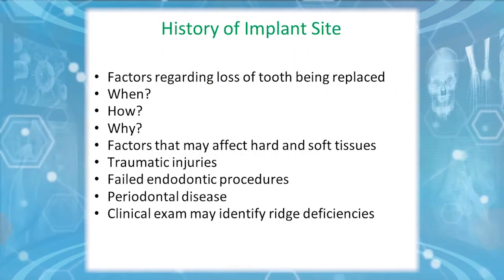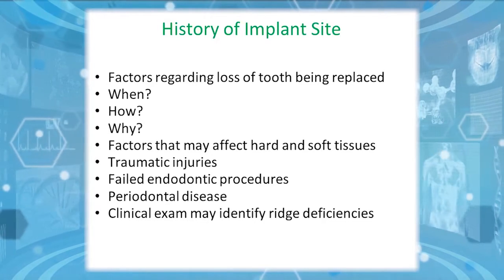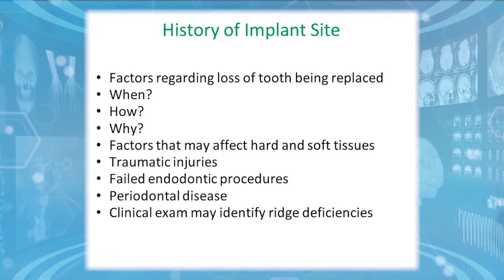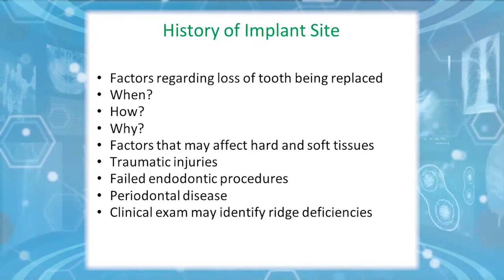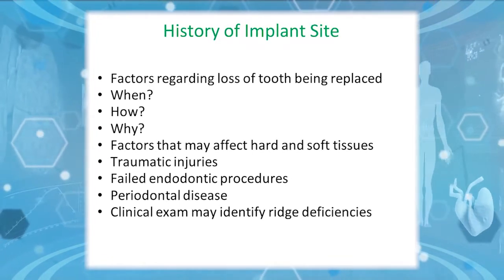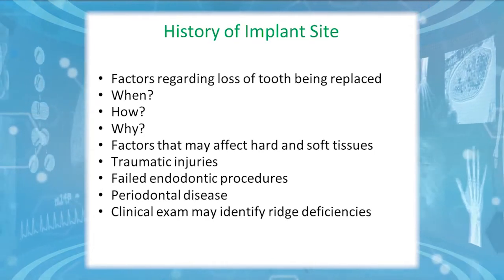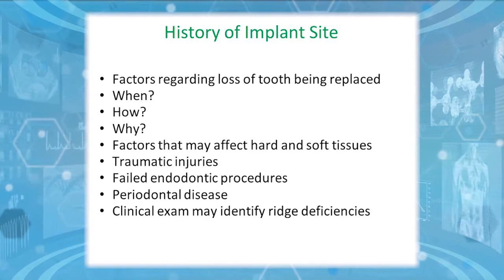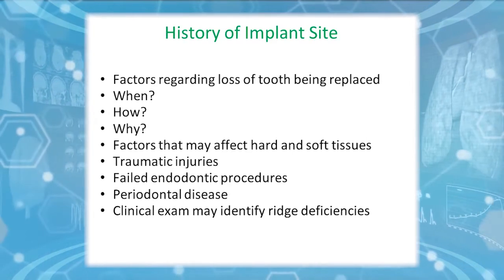History of the implant site. Factors regarding the loss of the tooth being replaced should also be put into consideration: when the tooth has been lost, how the tooth was lost, and why. So factors that may affect hard and soft tissues, like traumatic injuries.